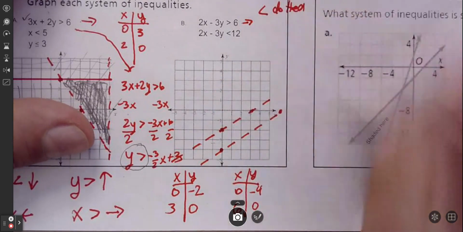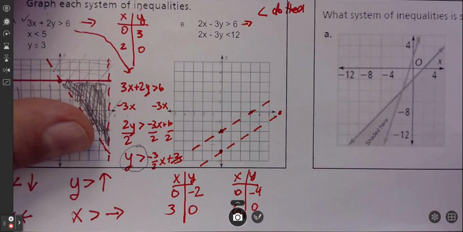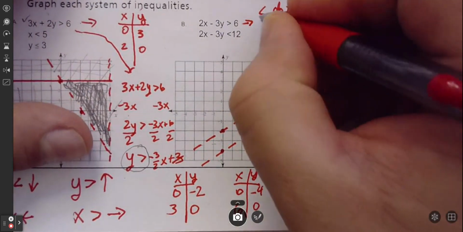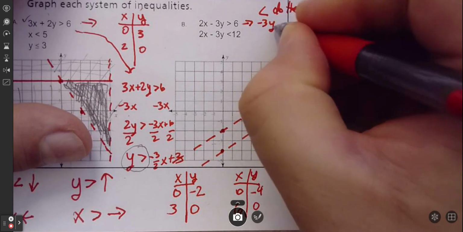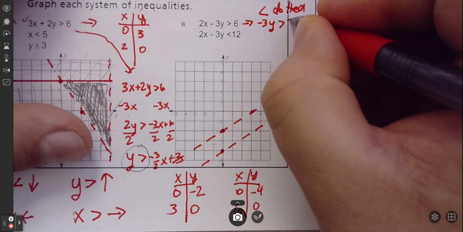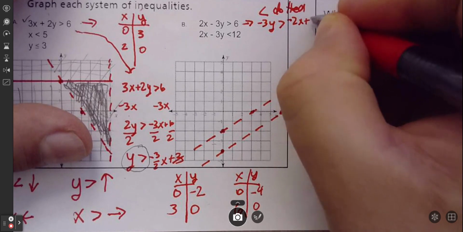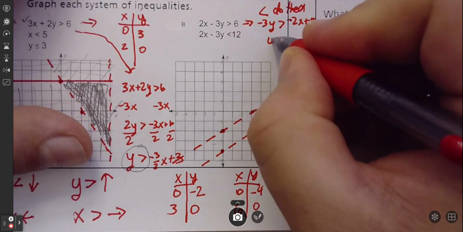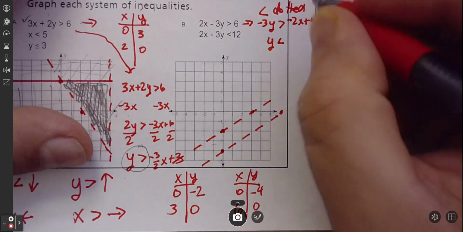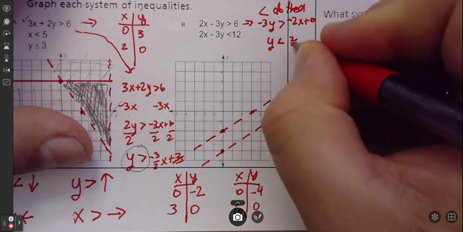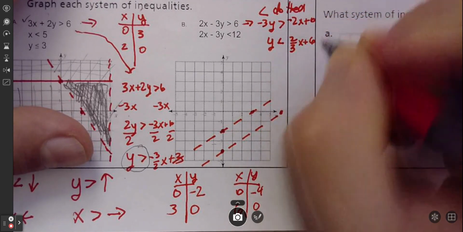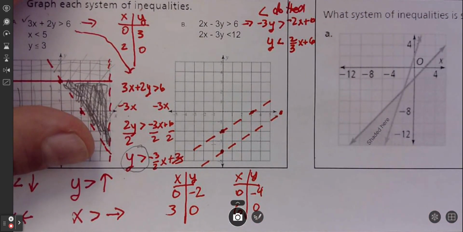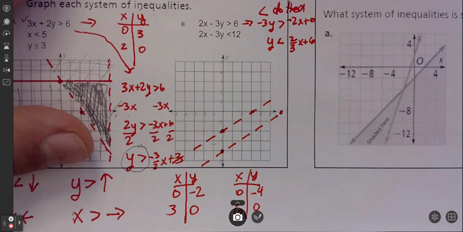if I were to convert these, I didn't give myself much room for this, but this would end up being -3y is greater than -2x plus 6, divide by -3. When I divide by that negative, change the sign. And really all I care about is what part of this equation.